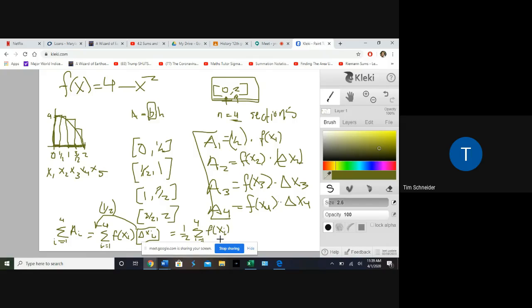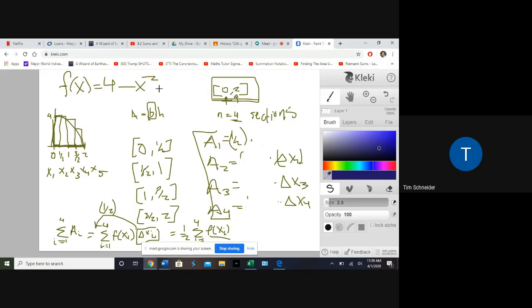Now, again, these are just the y values. So starting with the y value at x1, which is 0, let's actually give ourselves some space and actually calculate this. Let's actually do it right here. Okay, all of these are a half.